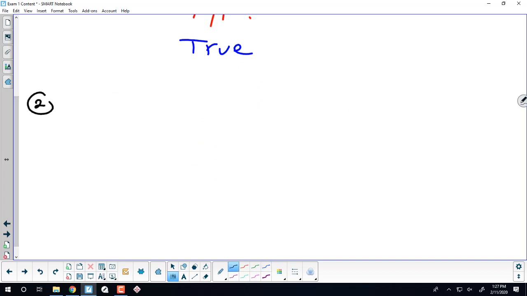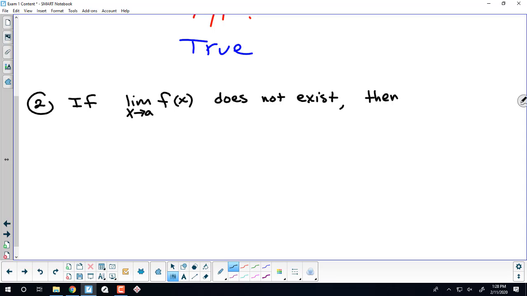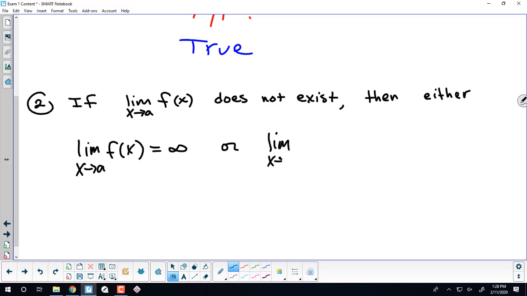Question 2: if the limit as x approaches a of f of x does not exist, then either the limit as x approaches a of f of x is infinity, or negative infinity.